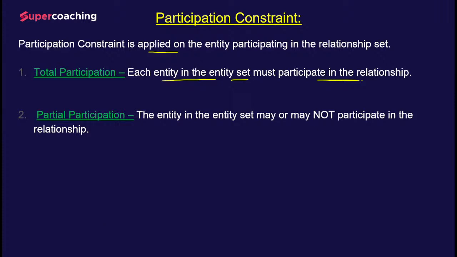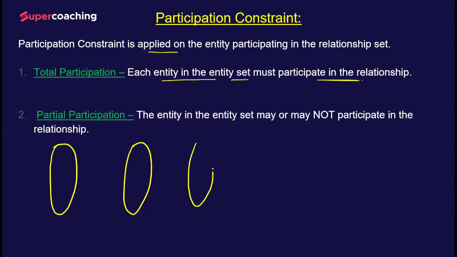Okay, for example, we have taken the example of many students enrolled in many courses. So, let's assume that whatever courses are there, for total participation, this is the relationship, and here we have the courses. So R1, this is student, this is for relationship, and this is for courses.